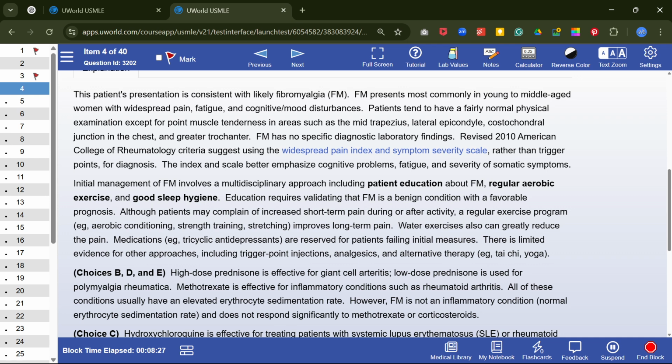Medication such as tricyclic antidepressants is reserved for patients failing initial measures. There is limited evidence for other approaches including trigger point injection, analgesics, and alternative therapy such as tai chi and yoga.